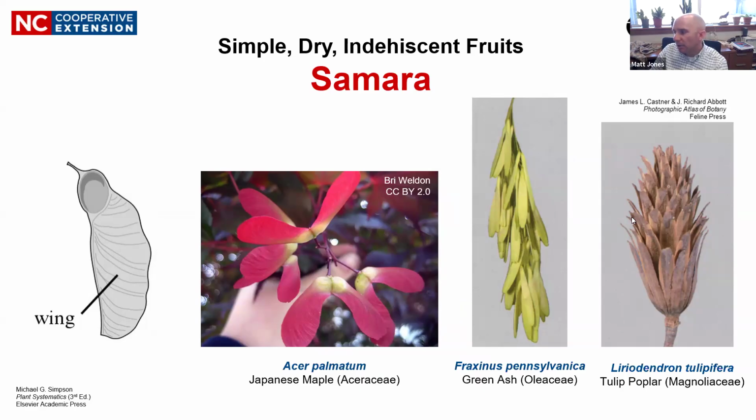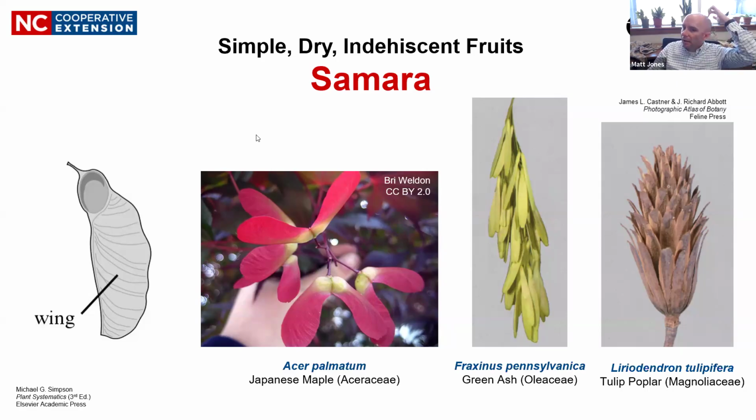Correctly, things like tulip poplar and ash have true samaras. Maples are often cited as a classic example of a samara, but because they're derived from two ovaries from the same flower that split at maturity, they're technically samaroid schizocarps, but more on that in a second. But you can think of them as the whirligiggy helicopter-like fruits called samaras.